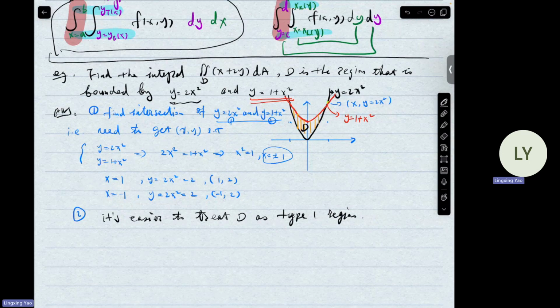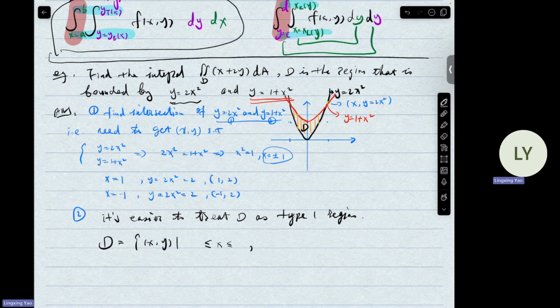Okay, so if we treat this as type 1 region, then we have a universal representation of the top and the bottom boundary for the y variable. This is critical. So we decide to write the domain D as a type 1 region. How do we do that? Remember, for the type 1 region, we fix a number for x first.